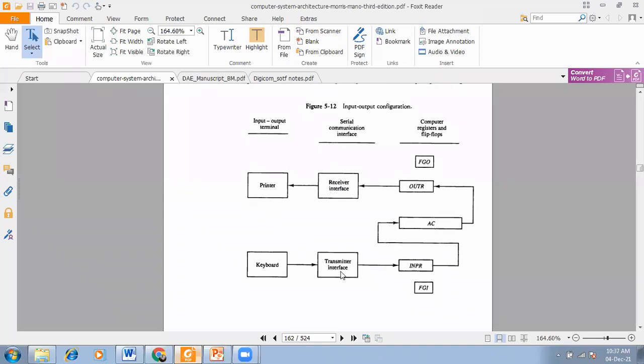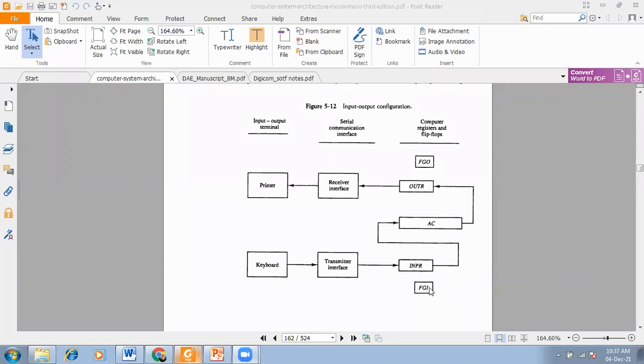But among these blocks, you have two more blocks. That is FGI and FGO. These are the flags, input flag and output flag. Flag means it should be either 0 or 1.